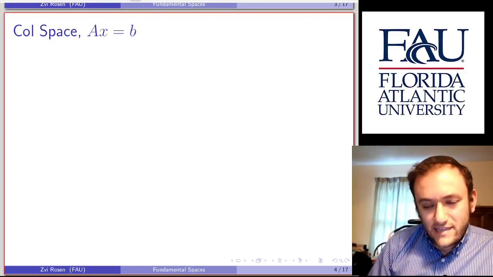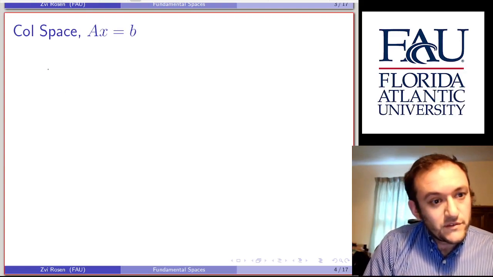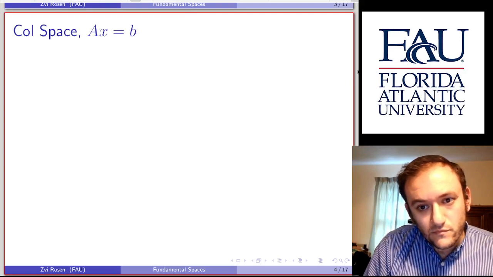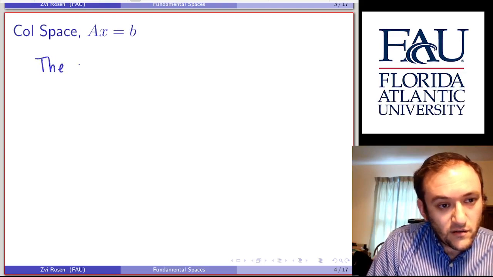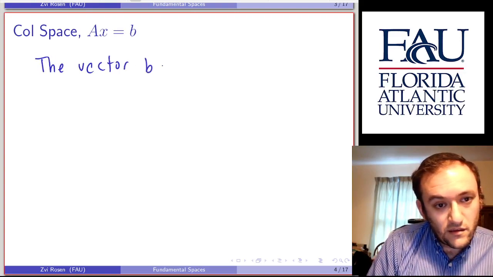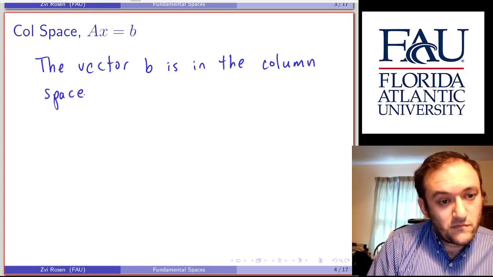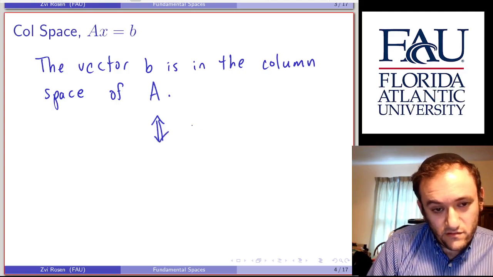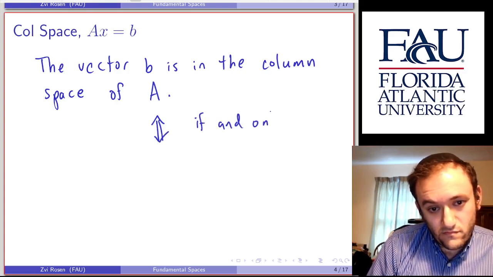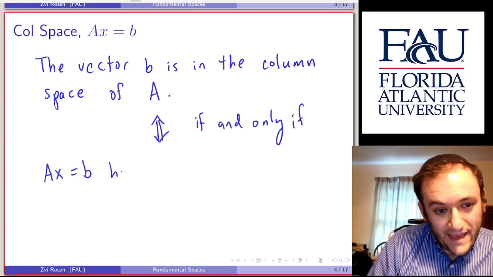Now let's explicitly state the relationship between the column space and the equation AX equals B. So the vector B is in the column space of A if and only if AX equals B has a solution.